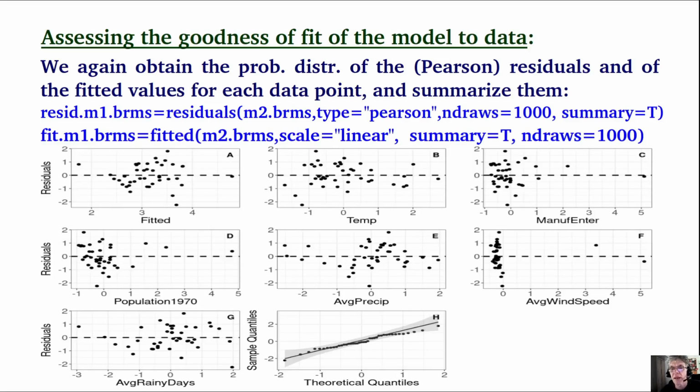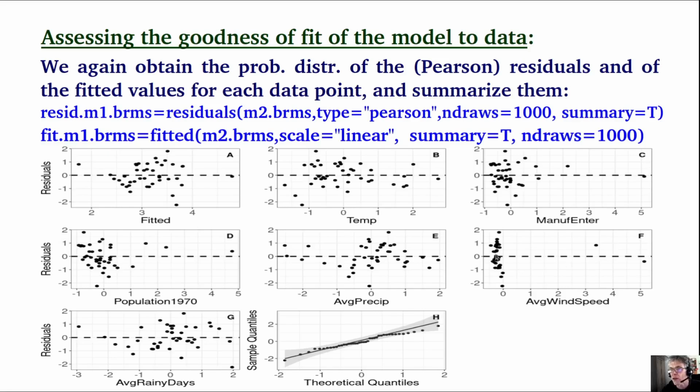And with this we make the following set of plots. The first plot in the top left shows the residuals against the fitted values, showing essentially no discernible trend. I'll focus again on the area where we had many points. The plots B, C, D, E, and F correspond to the mean of the residuals against the explanatory variables.